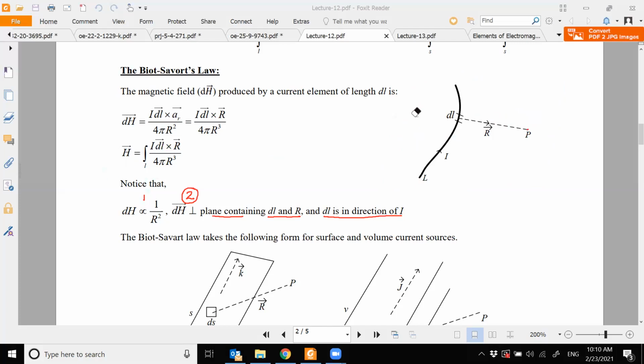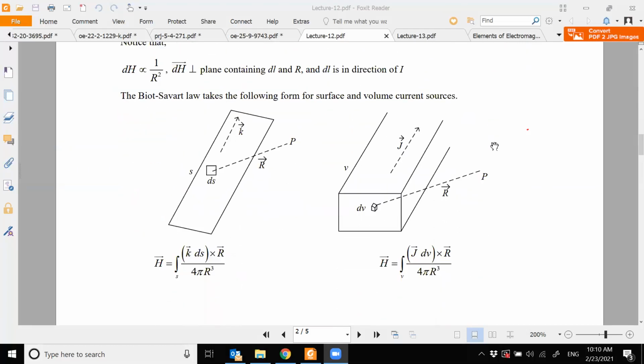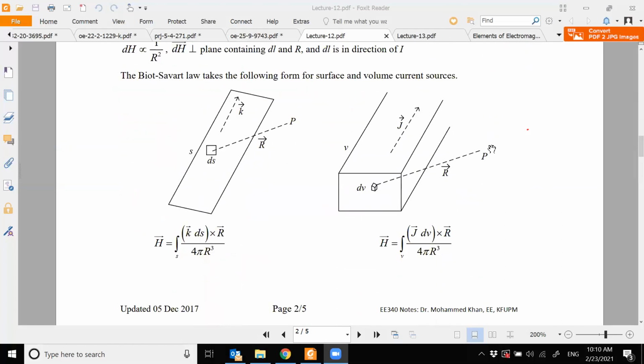Now in a similar way, we can extend the Biot-Savart law to the surface current and volume current. See here. So for the surface current, if this is my observation point P, and if this is my K vector, then H bar is integral over the surface, K bar dS cross R over 4 pi R cube.